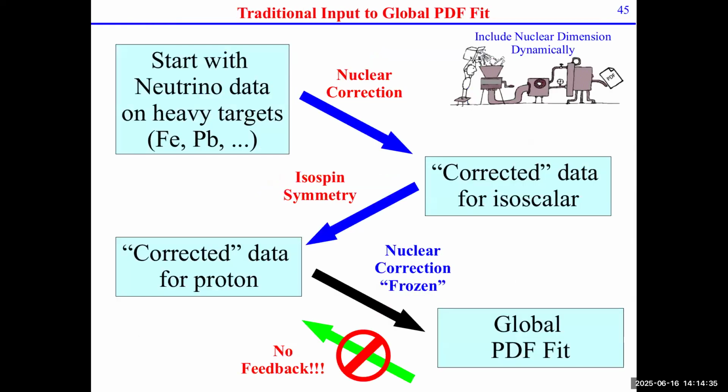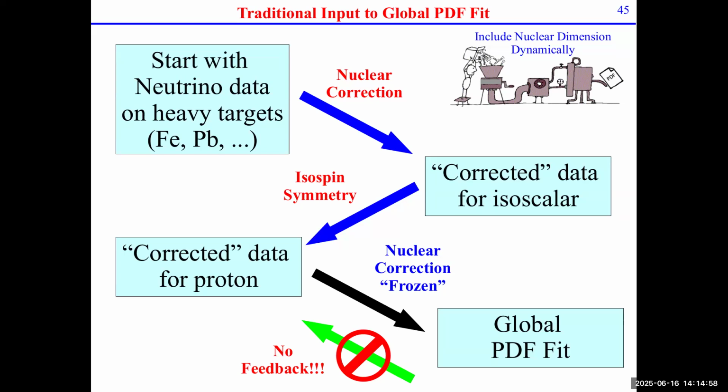And when this was applied historically, what you would do is start with neutrino data, which typically was done on heavy targets. As Dan showed, the CCFR NuTeV, basically they cut up 700 tons of a battleship and stack the iron together with scintillator, because neutrinos have a low cross section and you need a big target to do it.